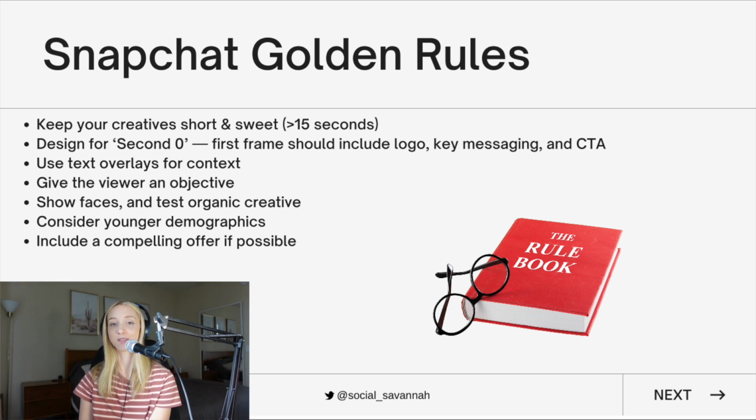So try to cater your creatives for a younger demographic. That can also mean using younger looking models and understanding that the younger demographic is more price sensitive. So including a compelling offer and having cheaper products is going to appeal more to the 13 to 24 year olds than the older demographic, which has more disposable income.